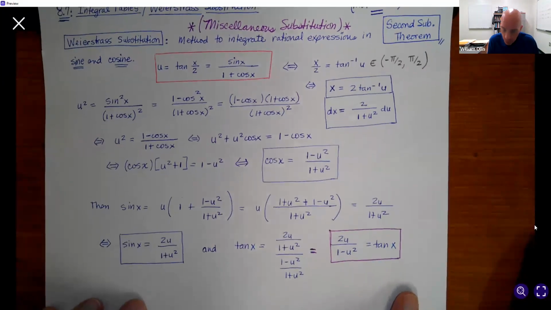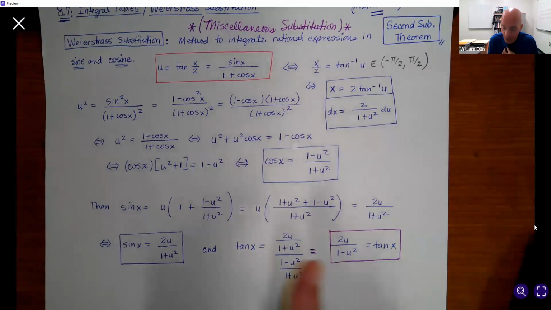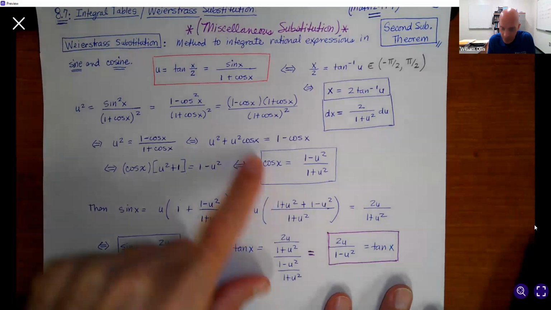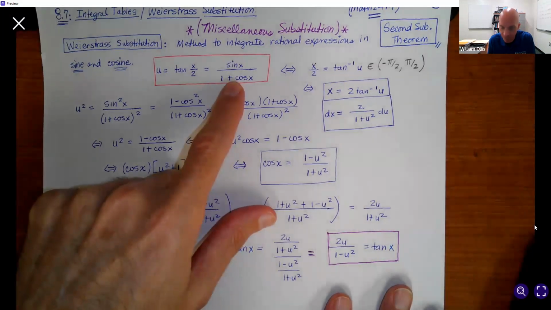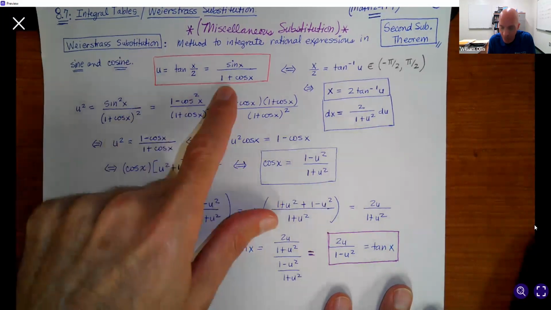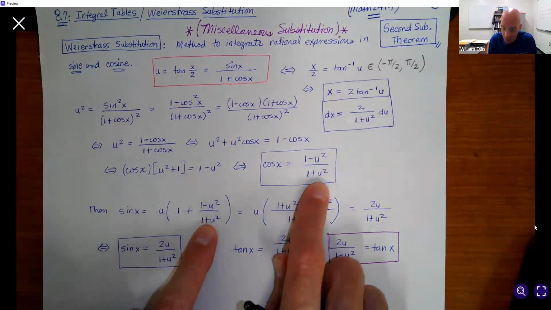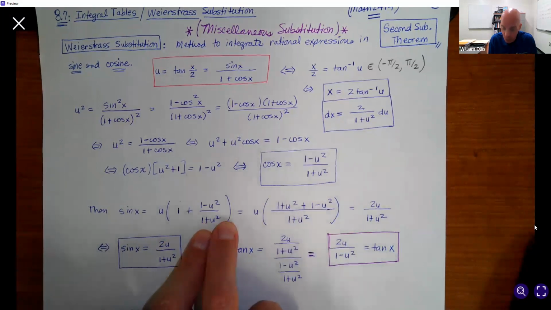Now, you're thinking, what about sine x? We have cosine, and that took a little bit of maneuvering, but now we can have a little bit easier time with sine x. If we go back to the original equation, sine x is just u times the quantity 1 plus cosine x. And so we can write this here and replace the cosine term with 1 minus u squared divided by 1 plus u squared.